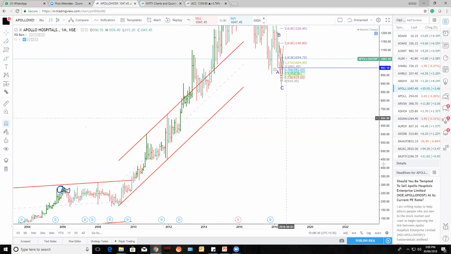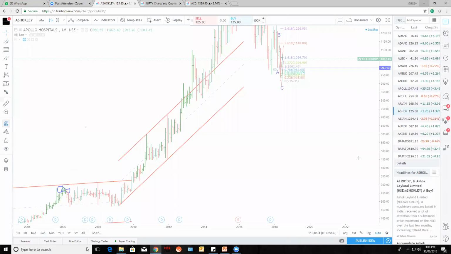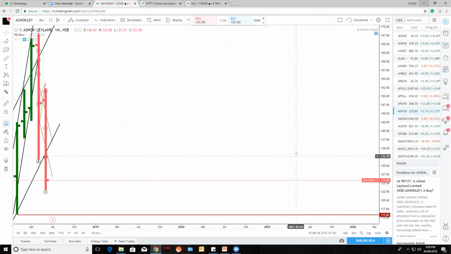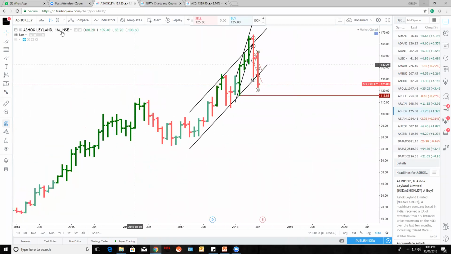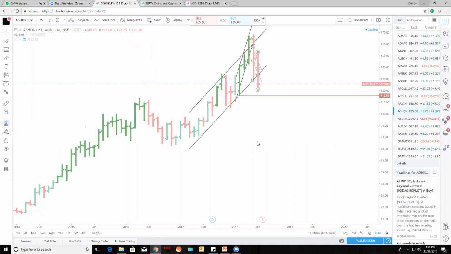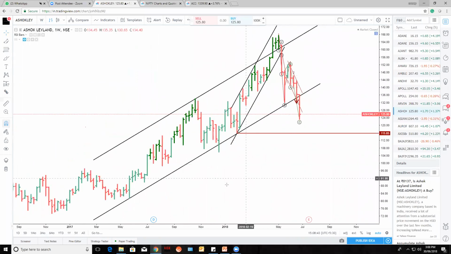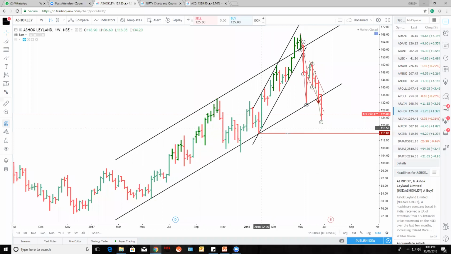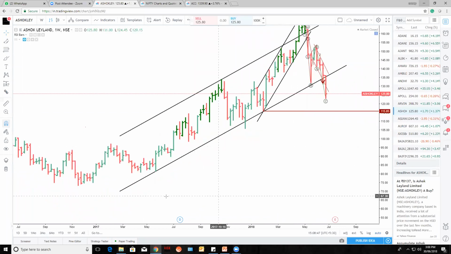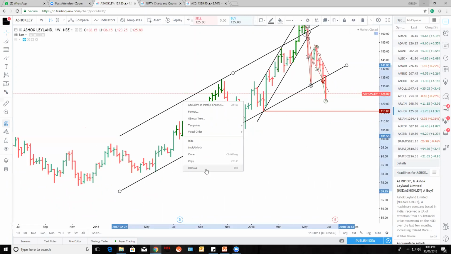Okay. You take any other chart. Let's say this is how brilliantly it worked in the channel. Let's take a weekly chart. See, it's already a drawn channel actually, but I'm trying to show you. See, this is the one point. Just remove it and draw it once. Okay.